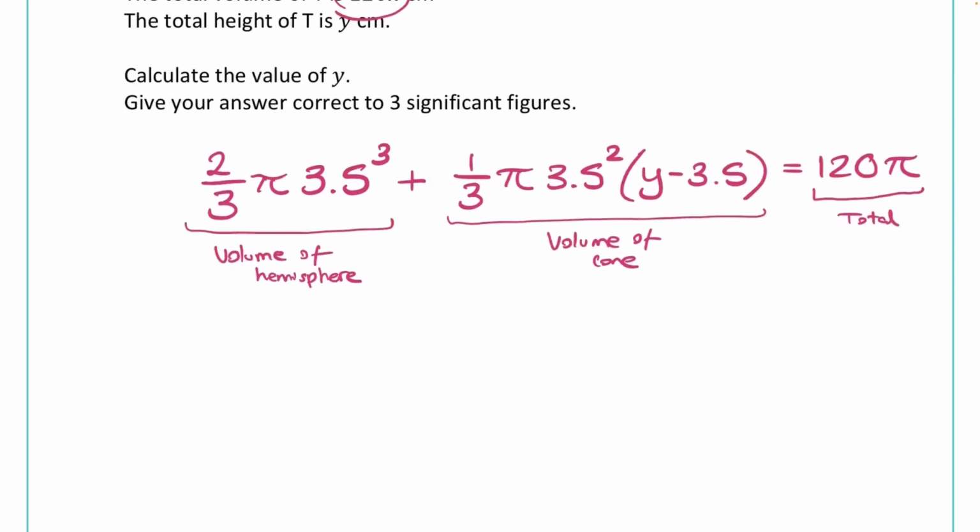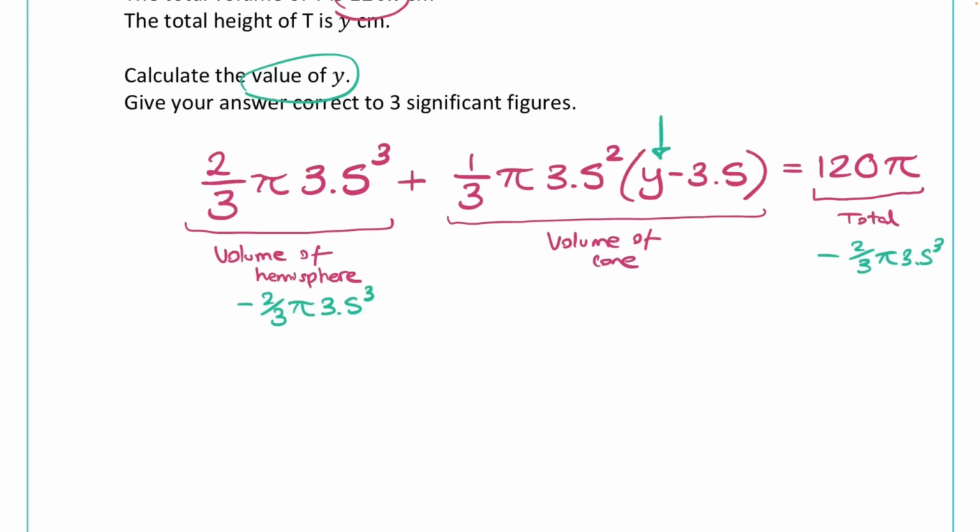So in order to solve this, remember we want to know the value of y. That's the whole question. Work out the value of y. We want to be able to isolate this piece. Now to do that, the first thing is let's subtract the volume of the hemisphere. So let's minus this 2/3 pi 3.5 cubed over to the other side. So minus 2/3 pi 3.5 cubed.